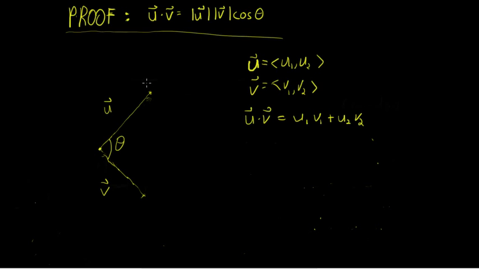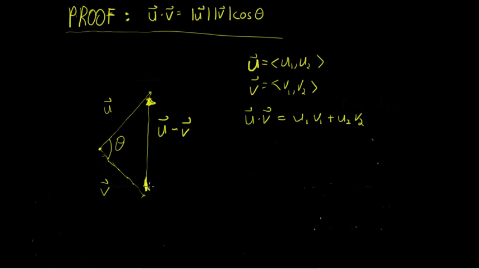So this proof really hinges on two formulations for this vector here. And this is the vector u minus v.